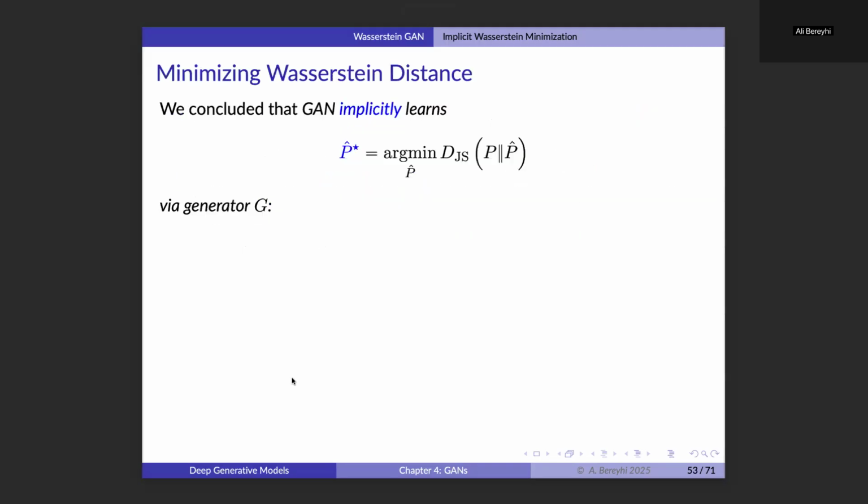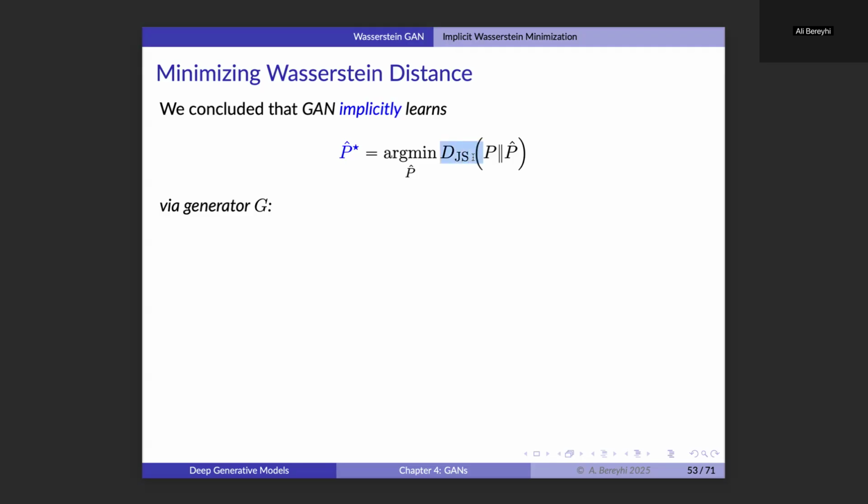So let's start with forming this implicit Wasserstein distance minimization. For the original GAN, the vanilla GAN that we had, we showed that that min-max game is eventually solving this problem.